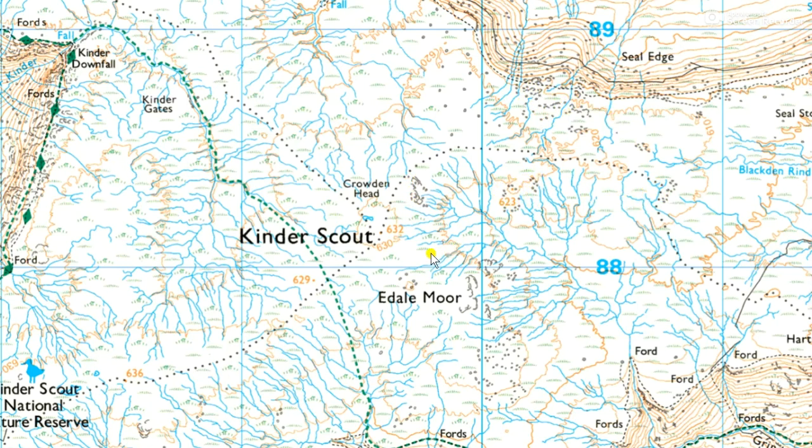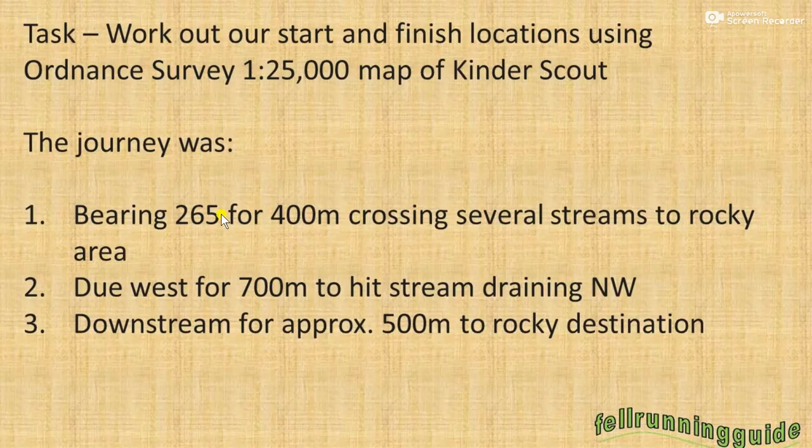We're looking for a rocky area that is 400 meters after the start of our journey, and on that journey we cross several streams. So, setting off on a bearing of 265 for 400 meters, crossing several streams to a rocky area.